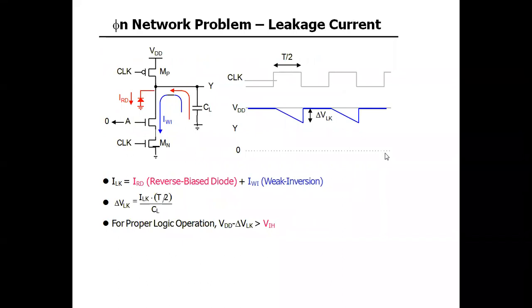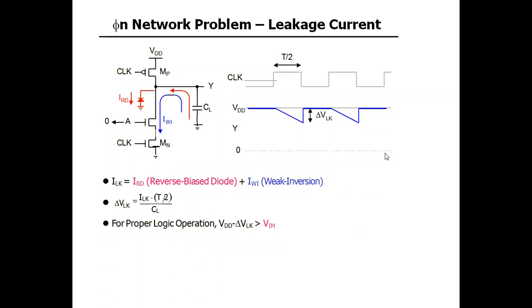What are the problems with this network? Leakage current. This is the first problem. What is this leakage current problem? The I leakage is equal to I reverse bias diode plus I weak inversion.